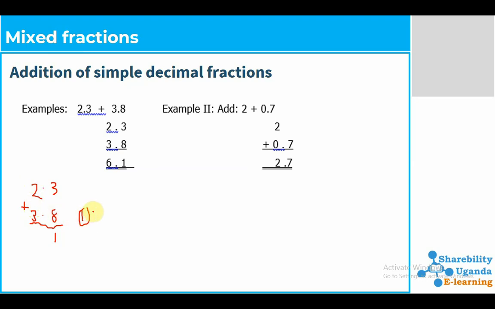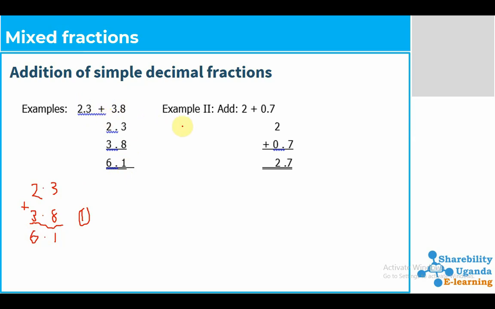But remember, we had our remainder which was a 1, so we shall add our remainder 1 plus the summation of a 2 and a 3. So don't forget our point which is here, so we shall be able to get our 6. This is how they came up with 6.1 as an addition of these decimal numbers.